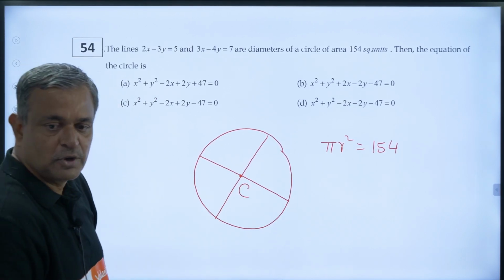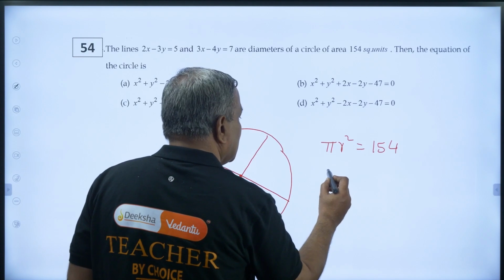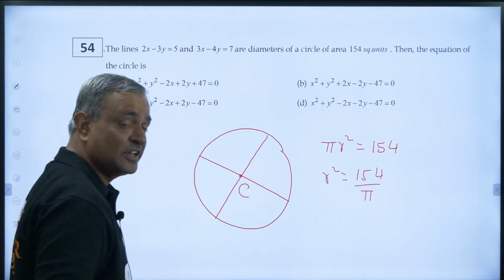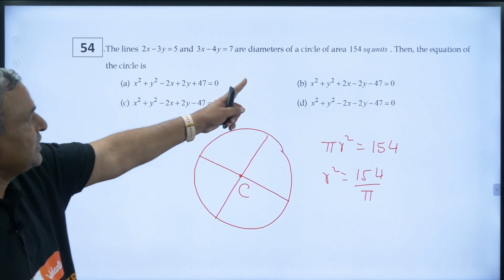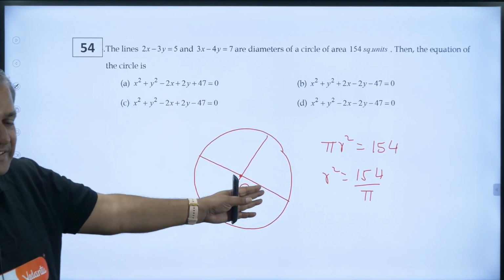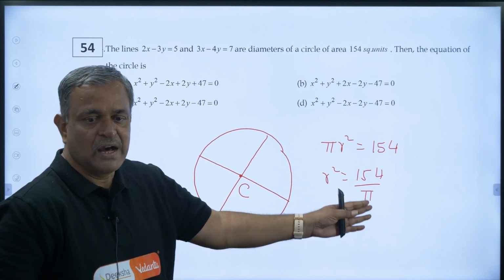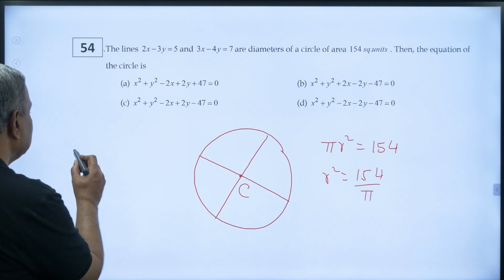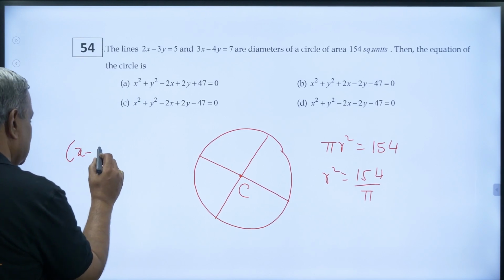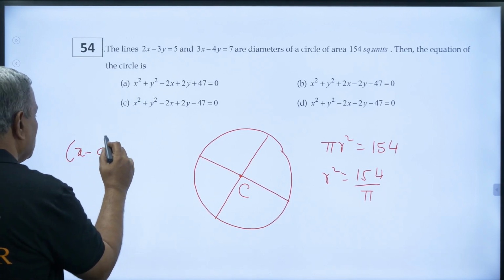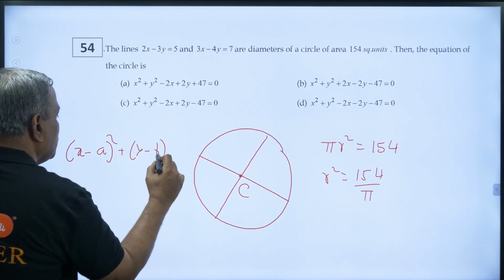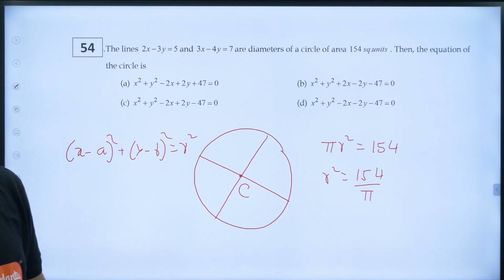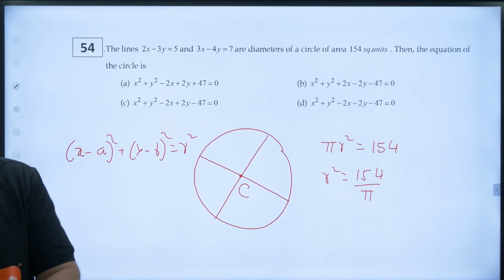From pi r square equal to 154, you get r square is equal to 154 by pi, so you get the radius from this. Once you get the r value and the center value, you can write x minus a whole square plus y minus b whole square is equal to r square, supposing the center is a, b. So you solve it, and I think you will get the answer.